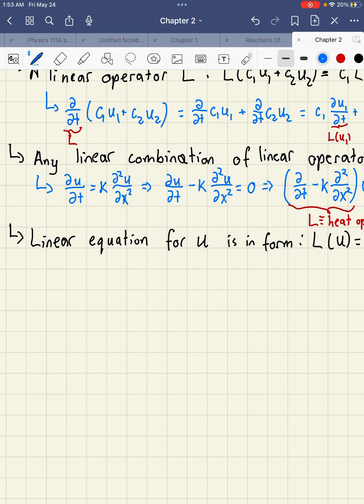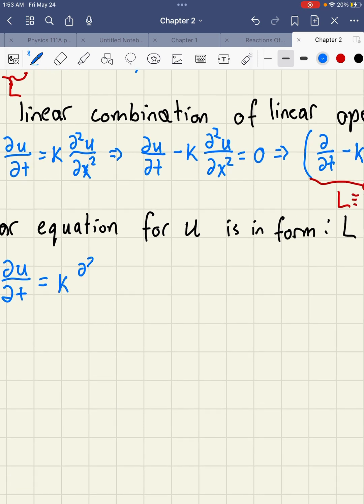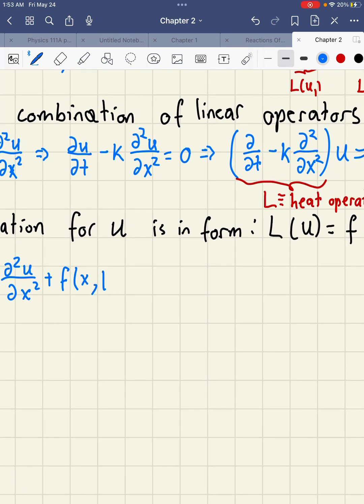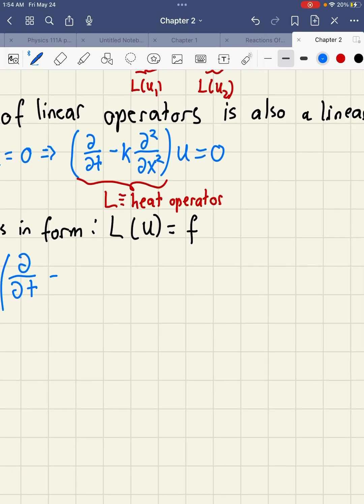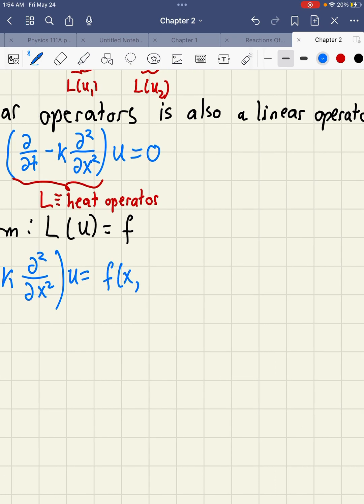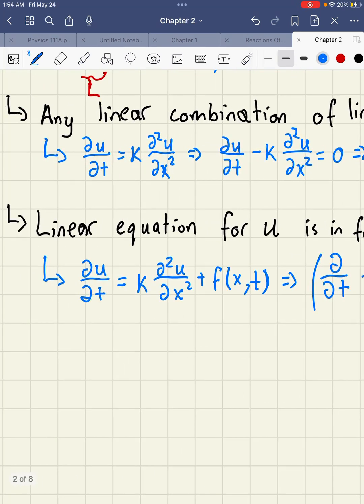Now, let me do an example. Again, not going far away, our heat equation plus f of x and t, because I can rewrite this as the heat operator applied to u is equal to my f of x, t, which is pretty similar to the form that we have.